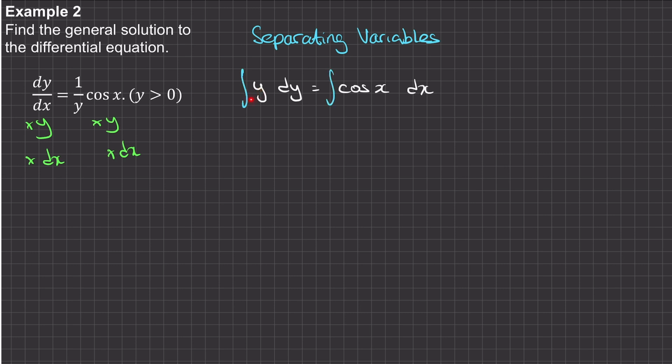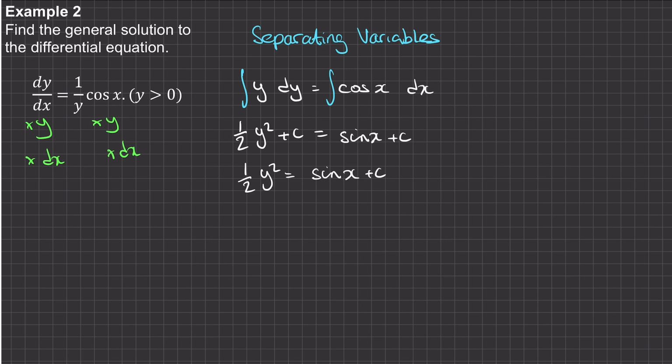The integral of y is 1/2 of y squared plus a constant. And the integral of cos x is sin x, again, plus a constant. We'll put these two constants together, so we have 1/2 of y squared is equal to sin x plus c.